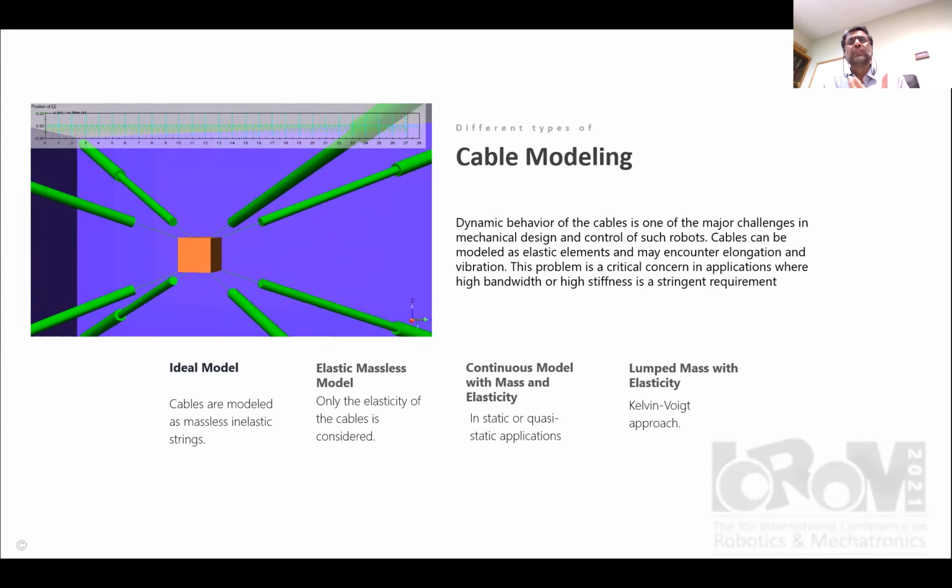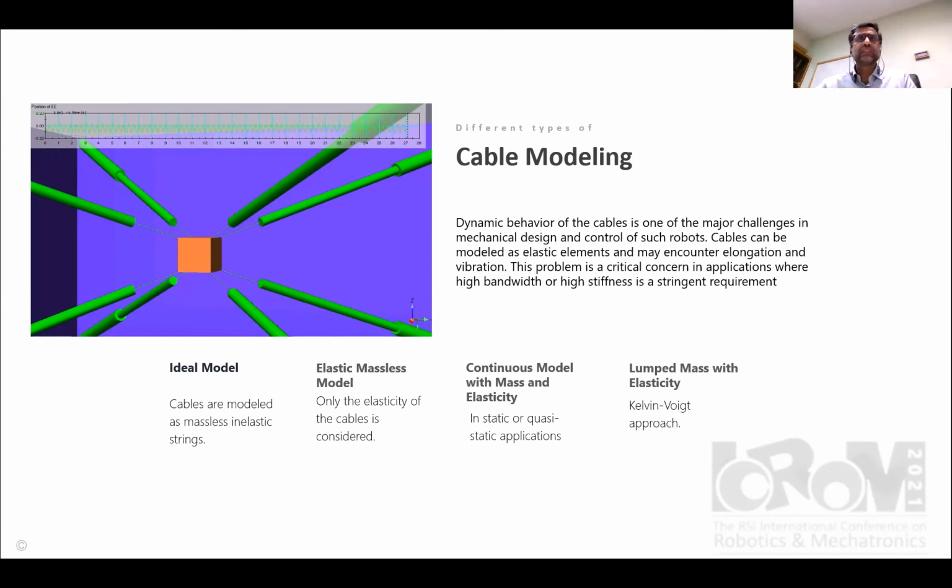The obtained model should not only be sufficiently accurate, but also be usable in the control algorithm. Because of this, the dominant dynamics of the cable is considered in many applications.